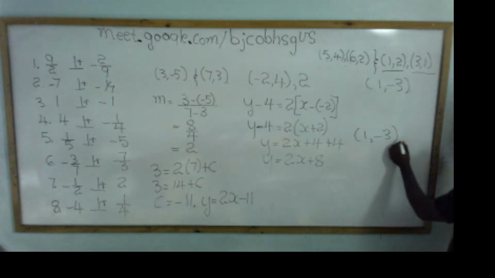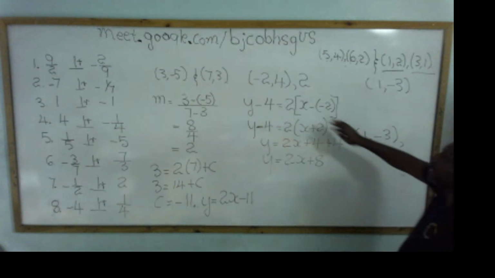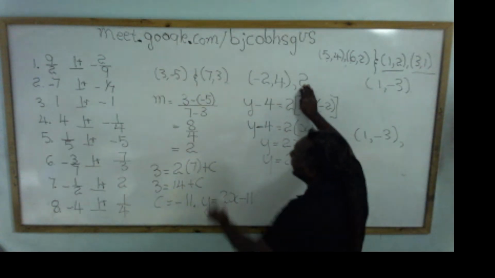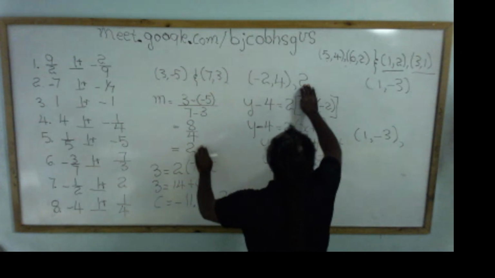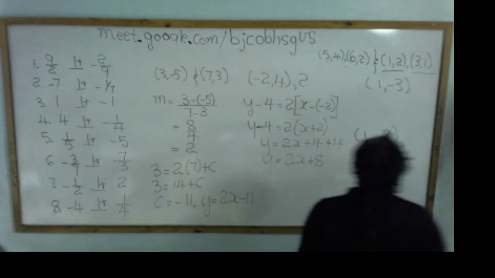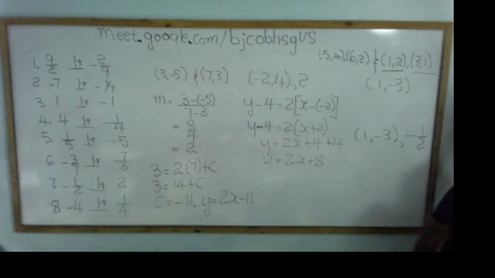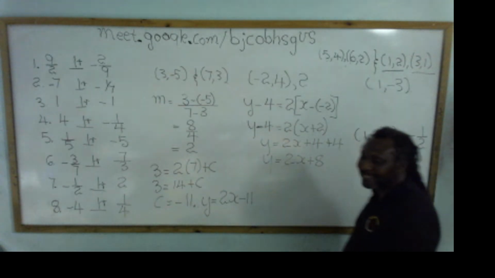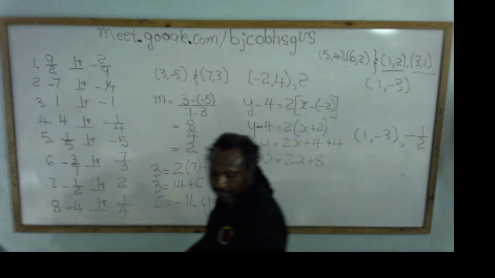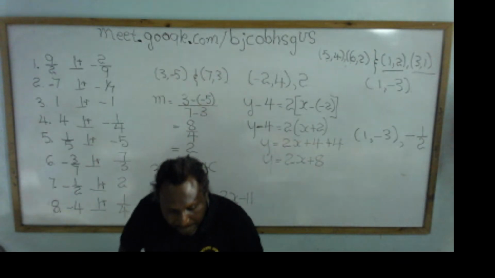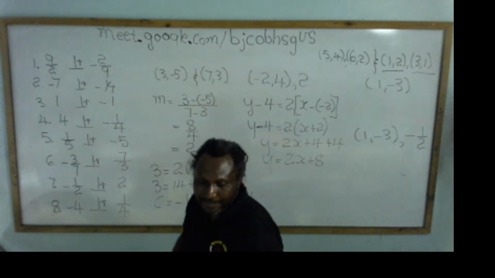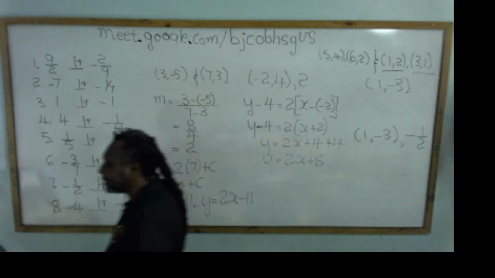So the gradient that is perpendicular to this one and this one, since these two are parallel and the other one is perpendicular to these two, the gradient is negative a half. Right, so the gradient is negative a half.